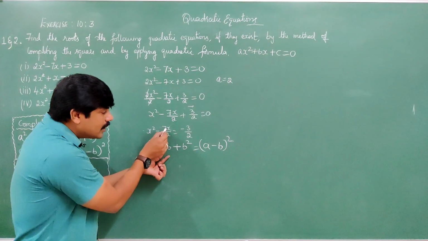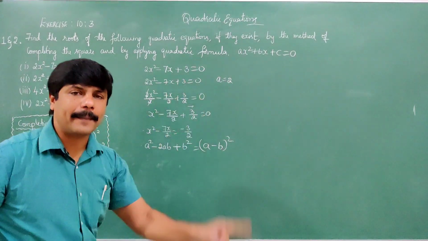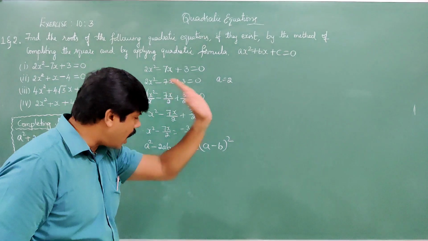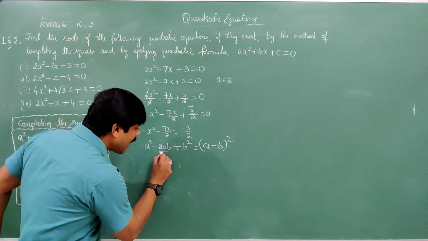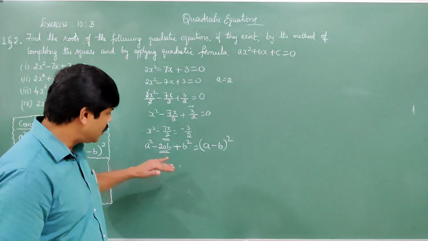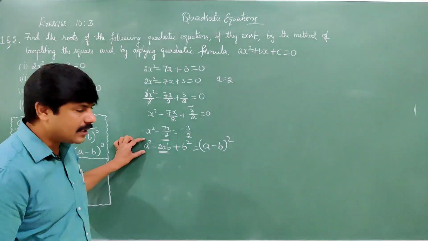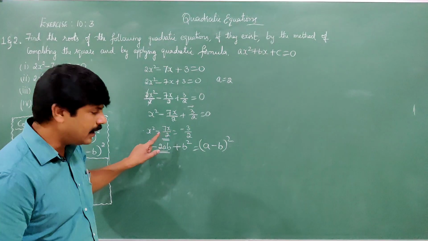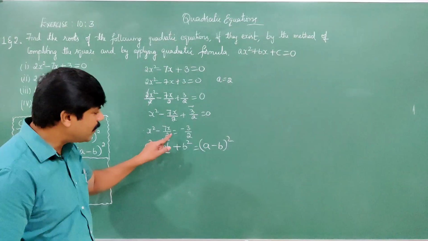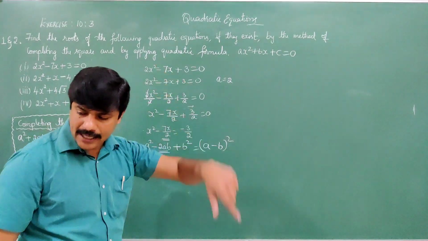Leaving this a, the 7 by 2 is the 2b. This 2ab should be equated with 7x by 2, because x square is nothing but a square, and minus this is 2ab. So 2ab is there but b square is not there. If you find the b value, then we can square and add. That's how I will say that.